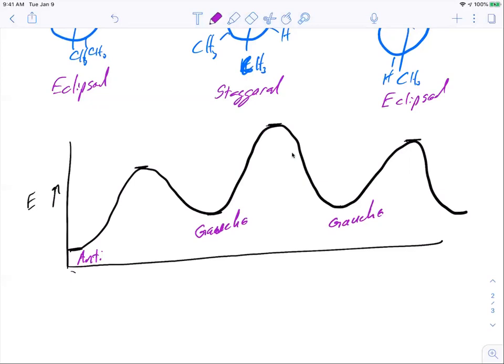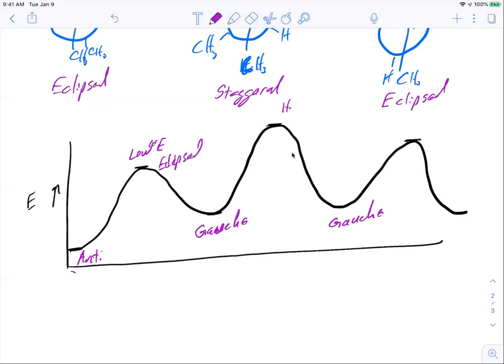Now the eclipsed, you don't see eclipsed energies, right? They're the higher energy. So you don't see those as much. So therefore they don't have special names. But I usually call them the low energy. And it's not the lowest energy, but it's lower, I guess I say lower energy eclipsed. Right?